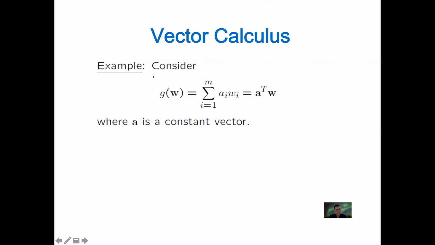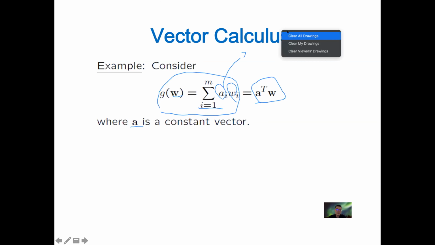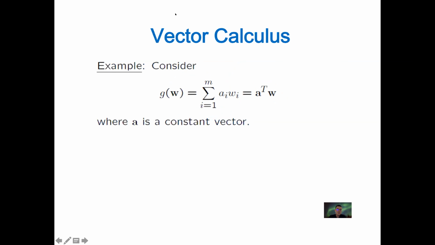Let's consider a simple function. This is a dot product between a vector A and w, which is the input. A is a vector of parameters, so this is a dot product form: A1 times W1 plus A2 times W2, etc. Now, what will be the derivative if we take the partial derivative of g, which is one value, a summation, with respect to the vector W?